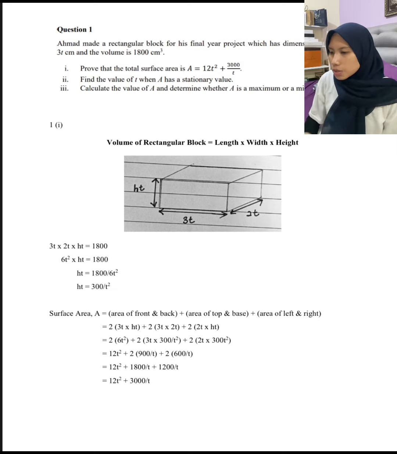So we find volume of rectangular blocks equal length multiply width multiply height.